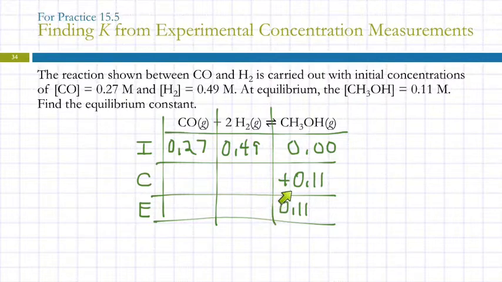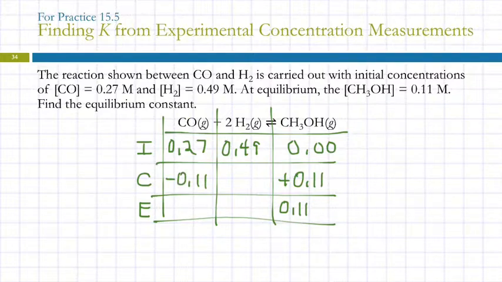Well, if this one went up by 0.11, what happened to the carbon monoxide? It goes down by 0.11 because these have the same coefficient. One of these makes one of those. If I made one of the methanol, I must have used up one of the carbon monoxide. So this is going to be negative 0.11.